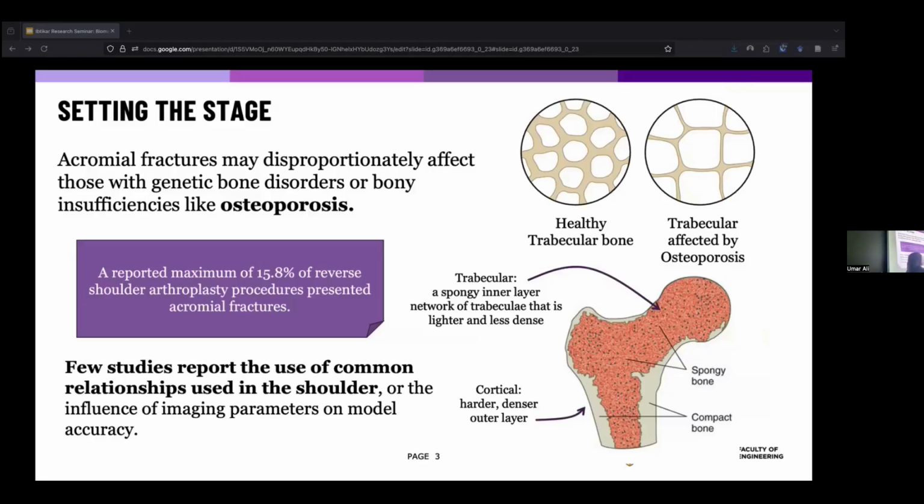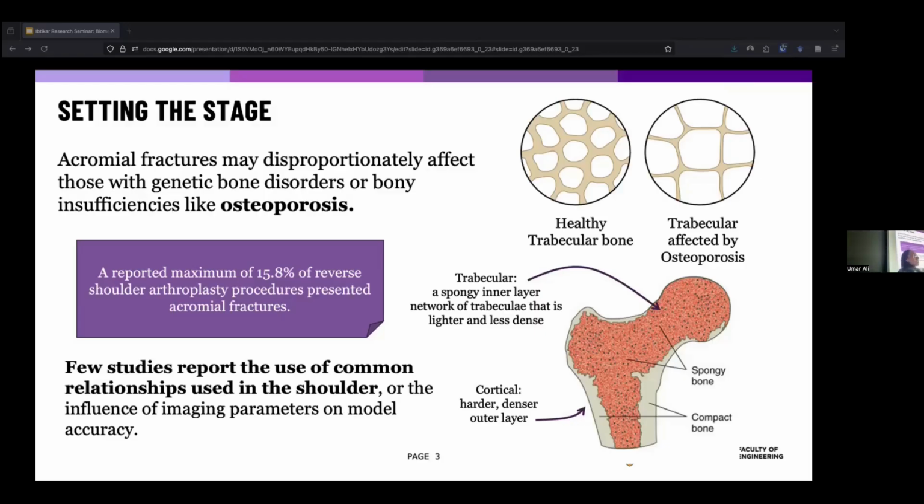Bone is made up of cortical and trabecular bone. Trabecular bone is like a network of sponge, and it can be considered the insulation of bone. Cortical bone is denser, like the hard outer shell. The main difference to keep in mind for later is that trabecular bone is much less dense compared to cortical bone.